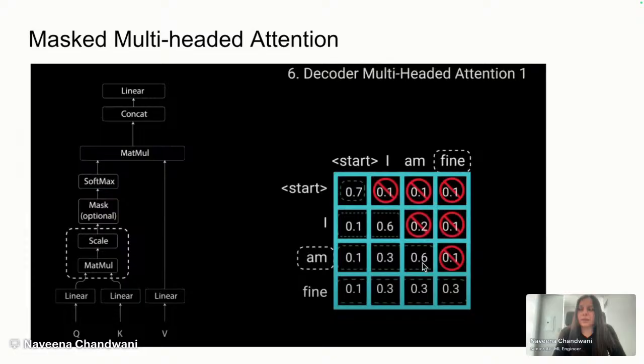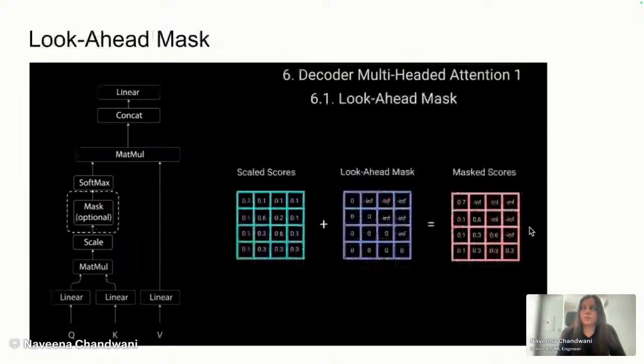And so "am" can attach weight to start, I, and itself, and the final word can add weights to all the words prior to it. And the upper triangle of this matrix should get masked. In order to do that masking, we will have this look ahead mask with 0 and minus infinity values.